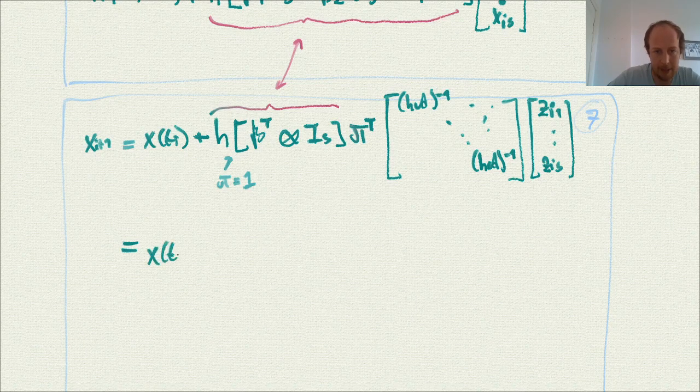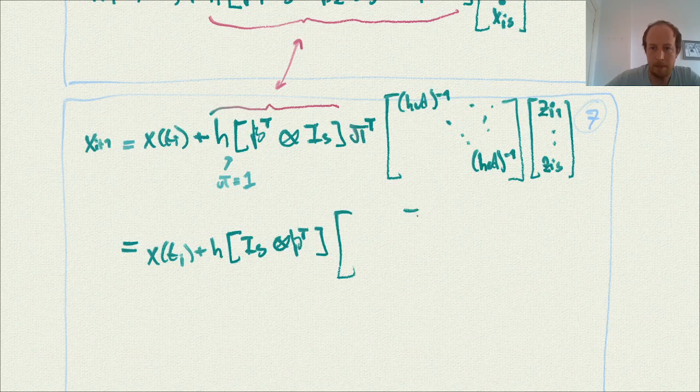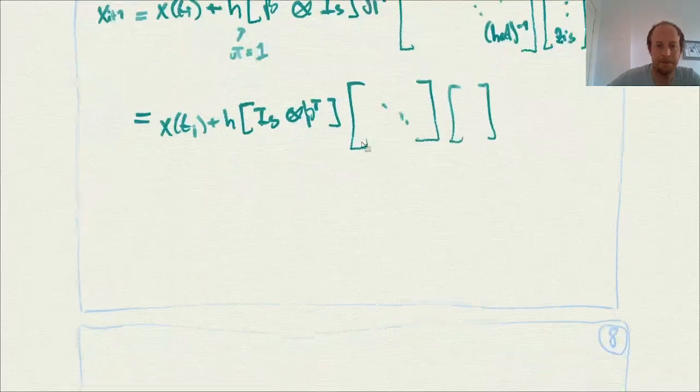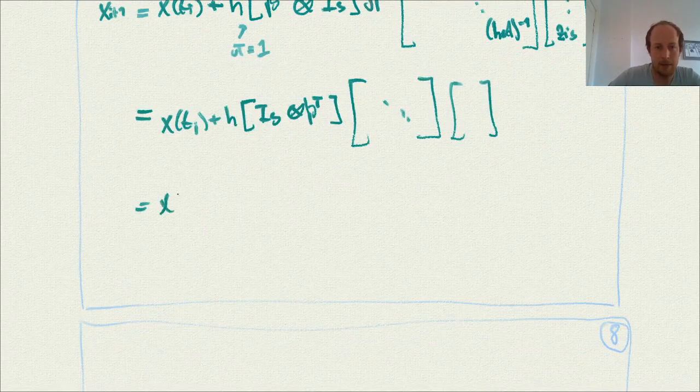So we will have x_{i+1} as x of t_i plus h times I_s Kronecker beta transposed times this matrix times this vector, and this is x of t_i plus h.